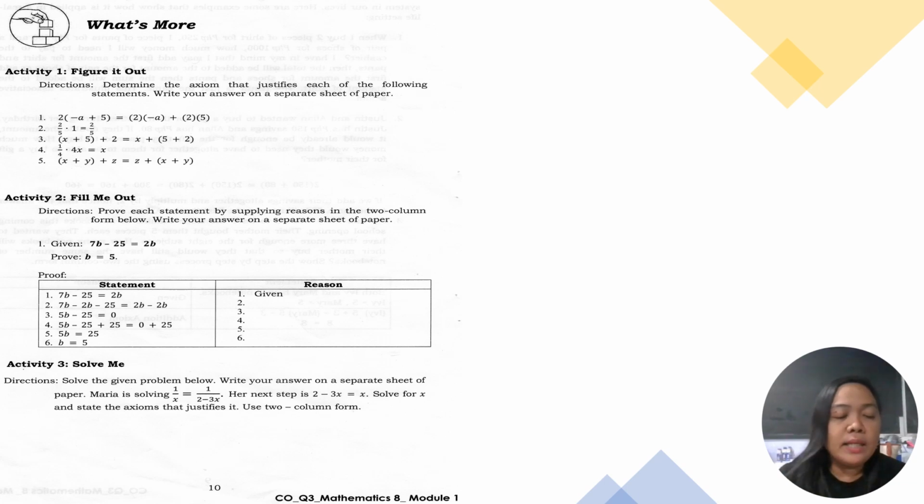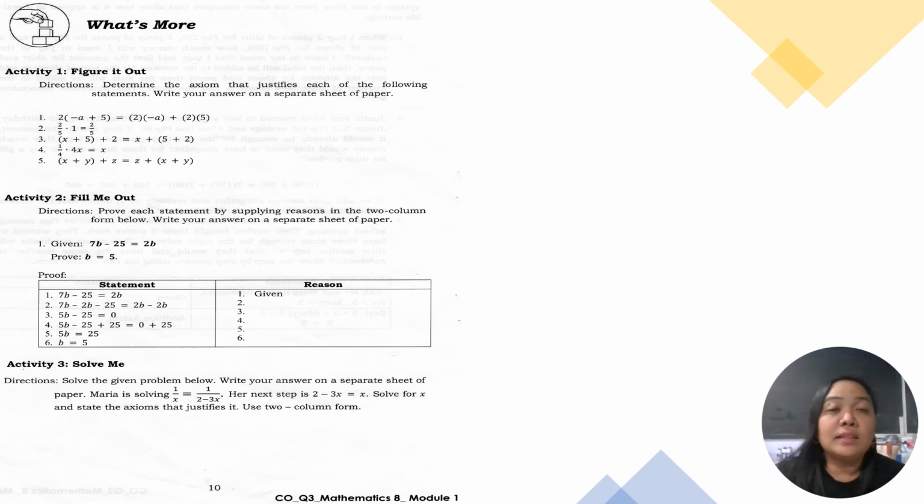Okay? For number 1, it is already in the given. So you are already blessed that number 1 has an answer. And of course, statement number 1 is taken from the given, so the reason for that is given. Now for number 2 down to number 6, you have to supply the reasons. And if you are done with activity number 2, you may proceed to activity number 3, Solve Me.